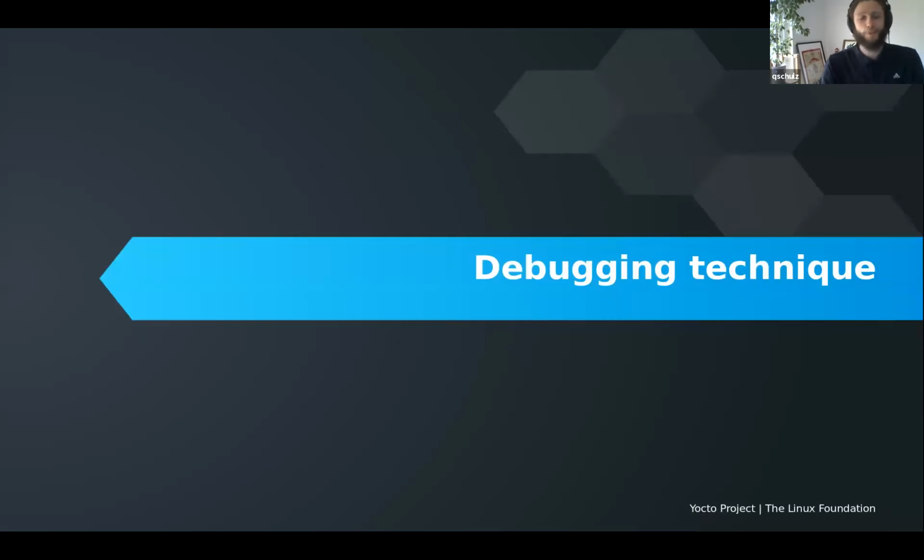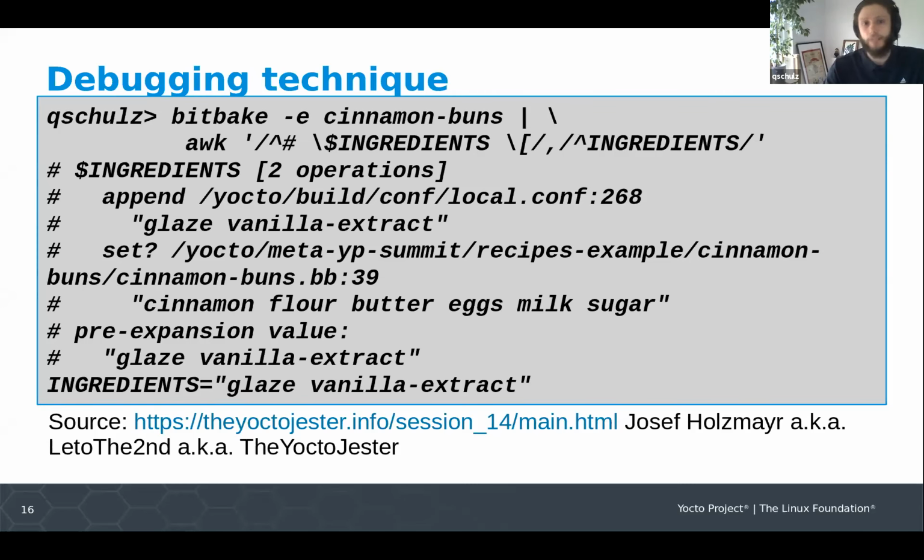So the most important debug technique you can have for this variable handling is the following: bitbake -e cinnamon-buns, where the name can be a package recipe or an image recipe, and you pipe this into awk, right? So you have this specific command. And this will show you that for the ingredients variable, you have an append happening in the conf/local.conf file at line 268, appending glaze and vanilla extract.